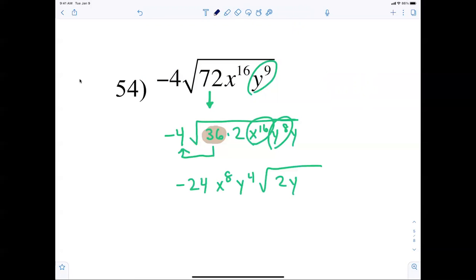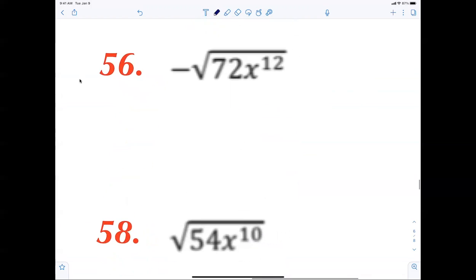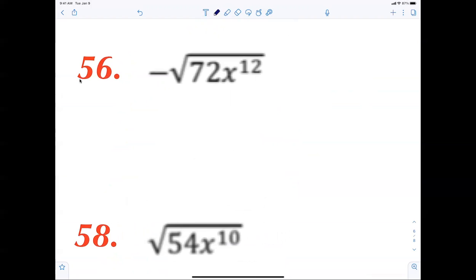Anybody have any issues with 54? Why are these in red? Are they evil? Okay, 72 I just did again. So you should be able to tell me now 72 is the same as 36 times 2. We just said 72 breaks down to 36 and 2.